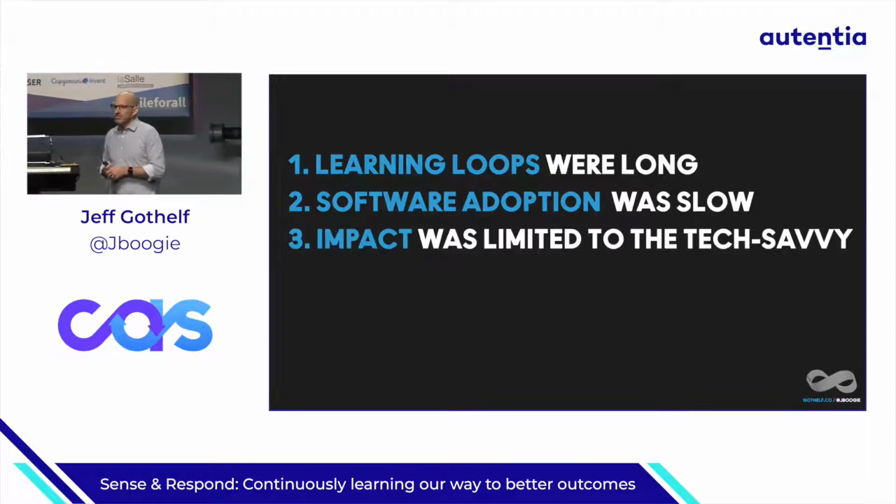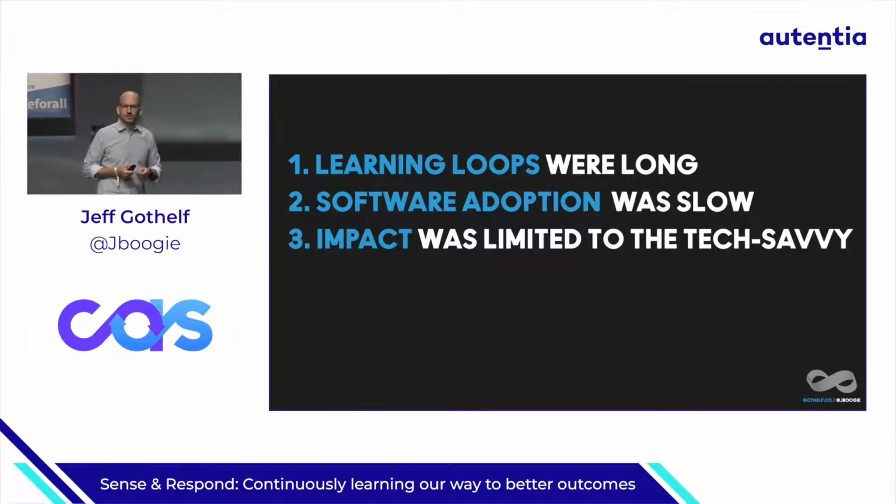The impact of the technology that we were shipping was limited to tech-savvy people, the people who owned computers. 25 years ago, not everybody had a computer, not everybody had a phone. And so the people who were exposed to our software were tech-savvy people.